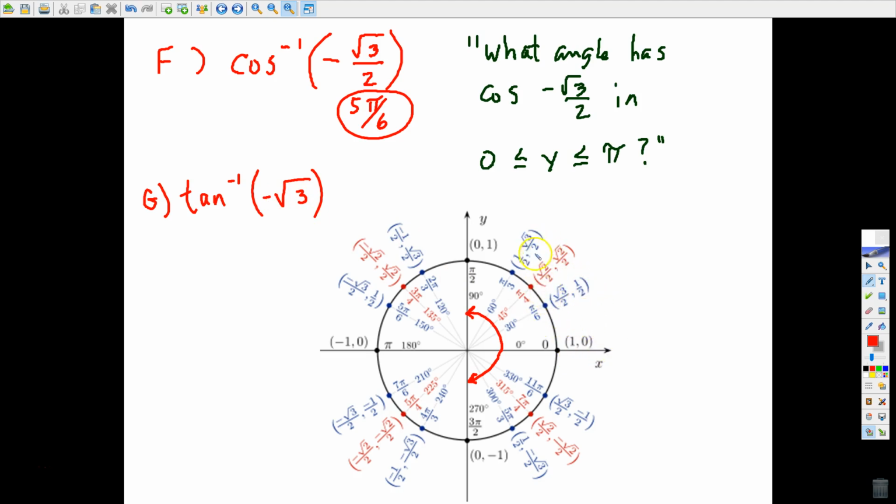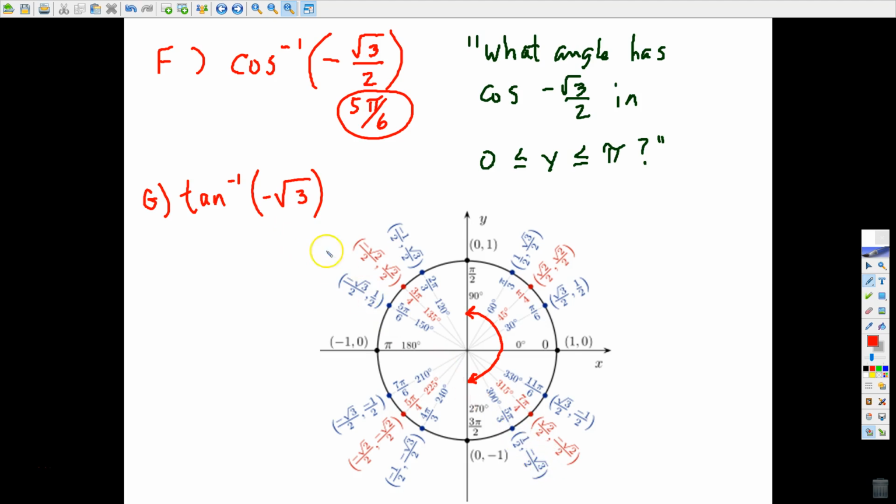Well, one thing you can remember, if it's a negative tangent, it's got to be down here, because with sine over cosine, one of them has to be positive, the other has to be negative. They're both positive in quadrant 1. So we know our answer is going to be one of these radian angles down here in quadrant 4.